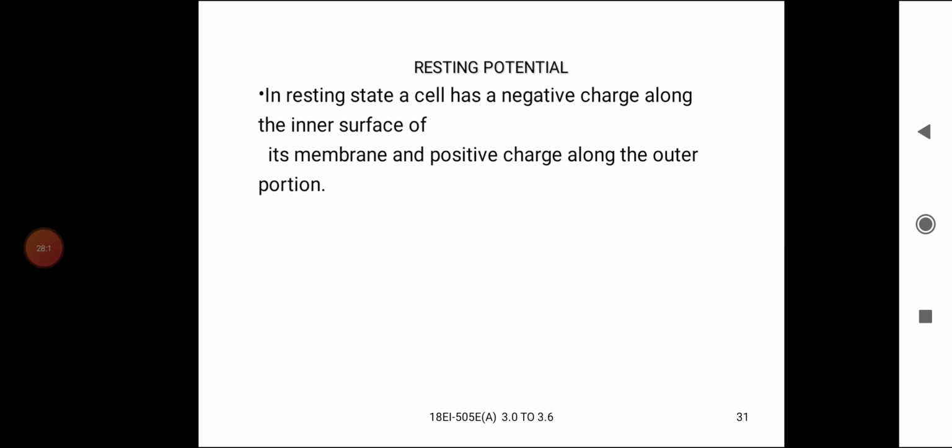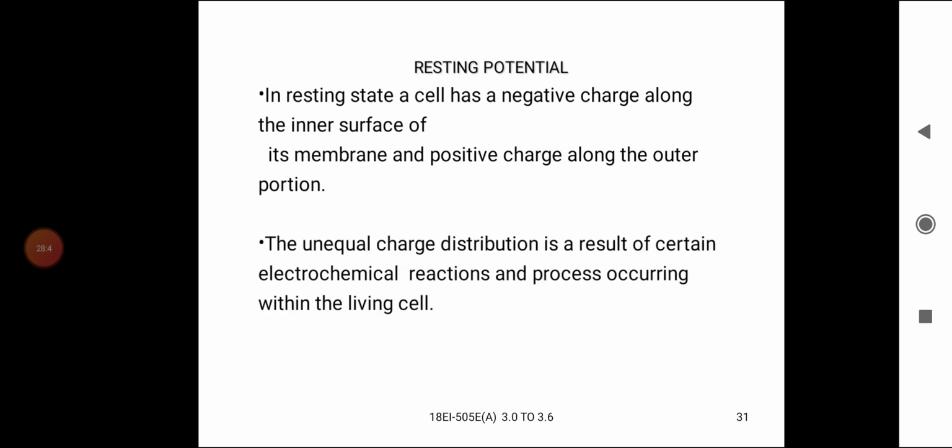Resting potential. In the resting state, a cell has a negative charge along the inner surface of its membrane and a positive charge along the outer portion.